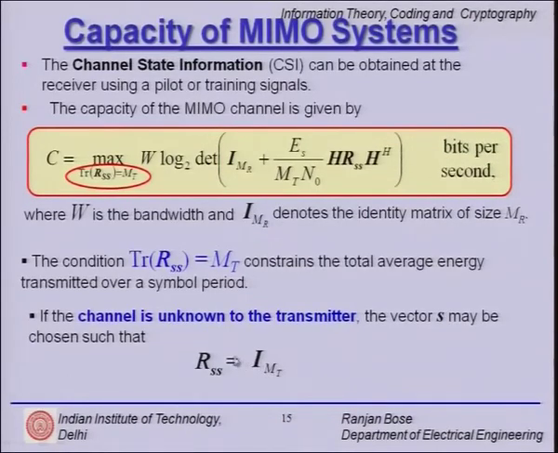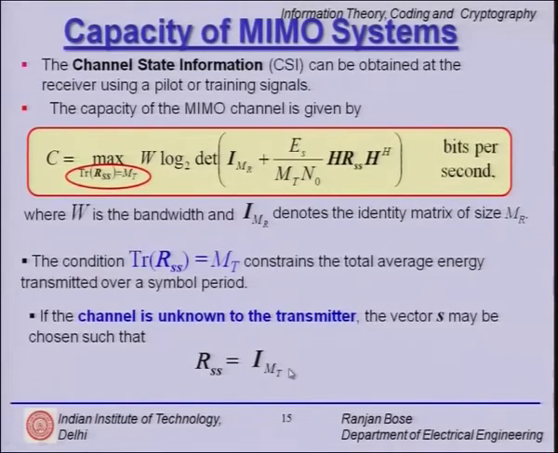It is an identity matrix of size MT, it has 1 along the diagonals and 0 elsewhere. How many? MT. So, each one has normalized power 1. This is the best I can do, because the channel is unknown to the transmitter. It is unfair to put more power in one of the antenna elements as opposed to another.